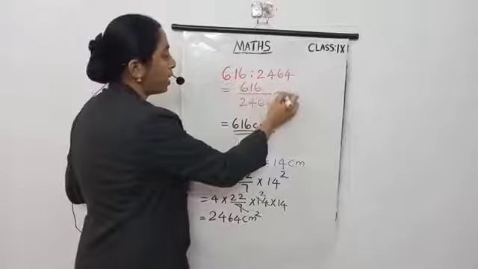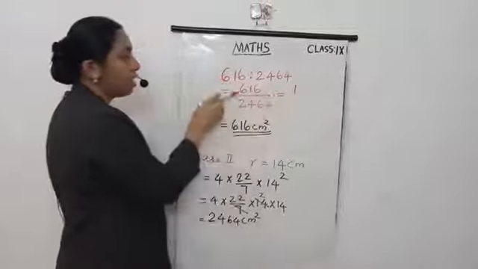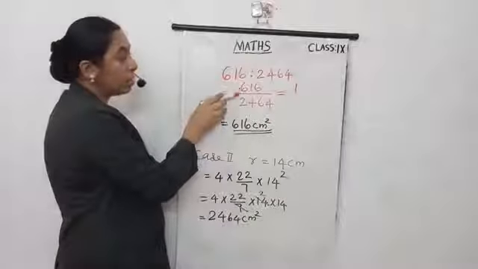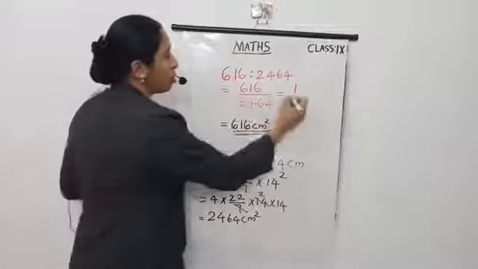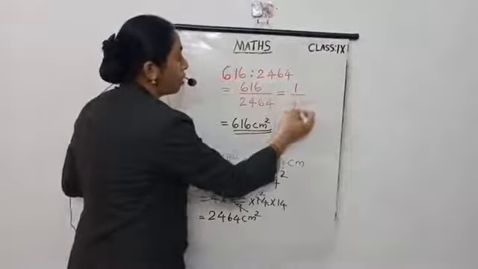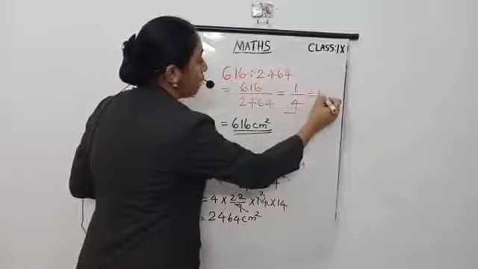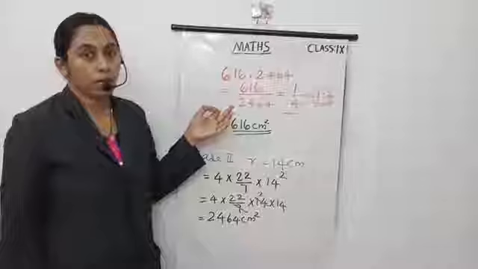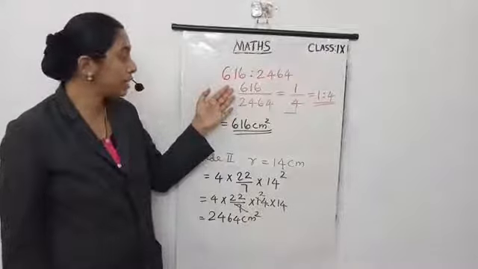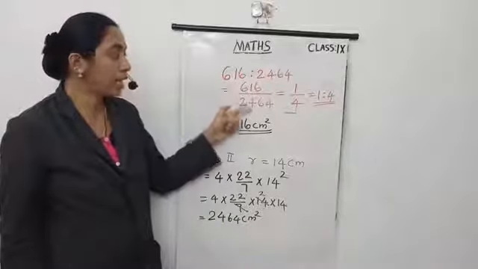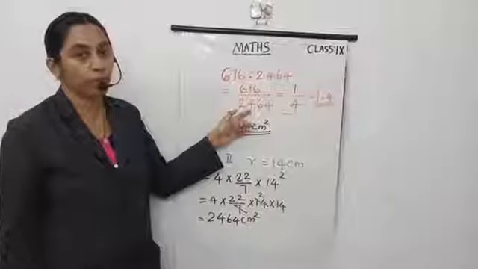Now simplify this. 616 into 4 gives 2464. So this is 1 by 4. So this ratio is 1 is to 4. I think all of you know how to simplify fractions. We use the HCF of the numerator and denominator for simplifying.